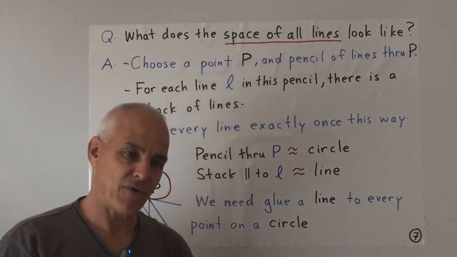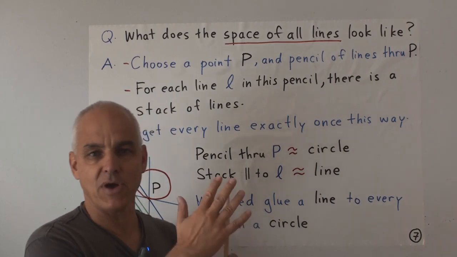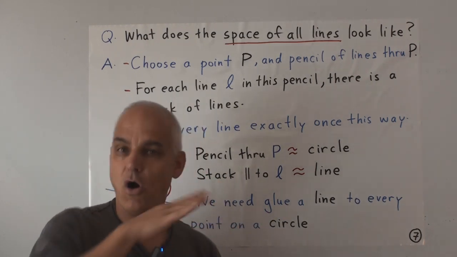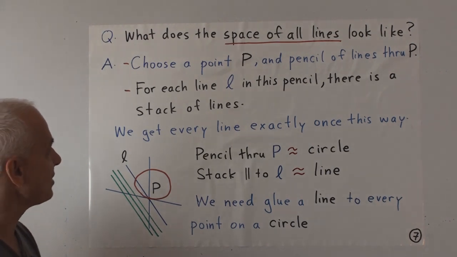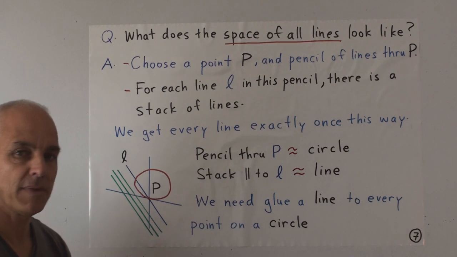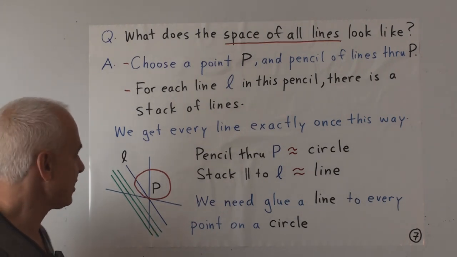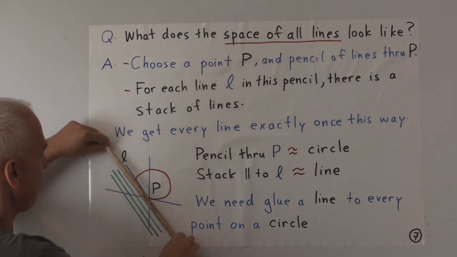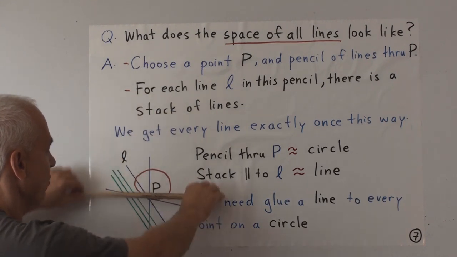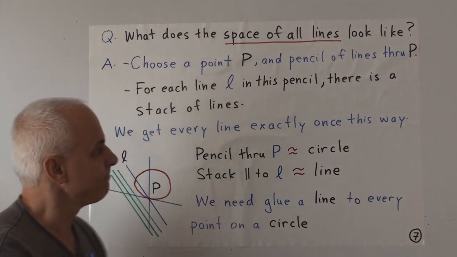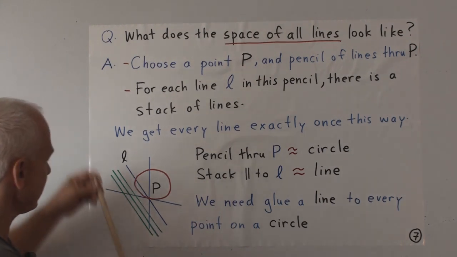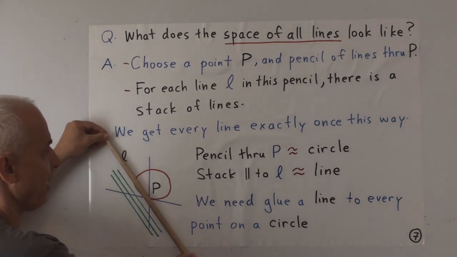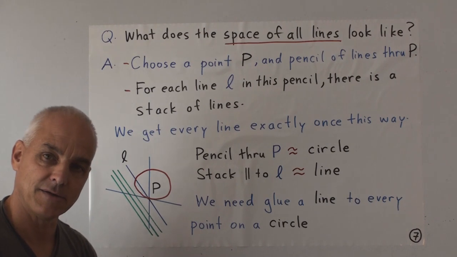So we might be asking, for example, how would we parameterize or label all of the lines? Well, one way of thinking about that is to say, let's choose a point P and think about the pencil of lines through P. So there's a point P, and we're thinking about all the lines through P. That's a pencil of lines. Now, for every line in this pencil, say that particular one there, call it L, there's a stack of lines.